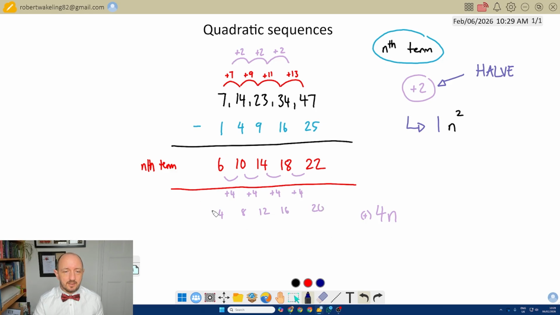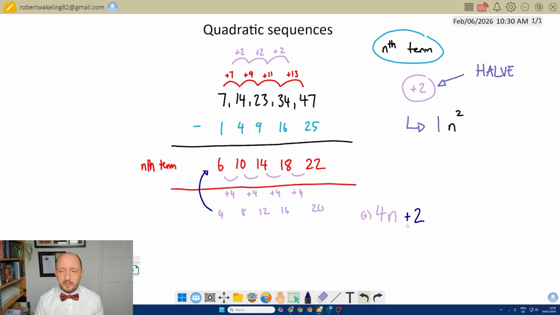And then we ask ourselves, how do we get from 4n to here? We plus 2. If any of that I just did was too quick, go back to the nth term work and practice how to generate the nth term. But I'm going to assume that that's solid so that we can just add on this n squared part. So the 4n plus 2 is this red sequence.